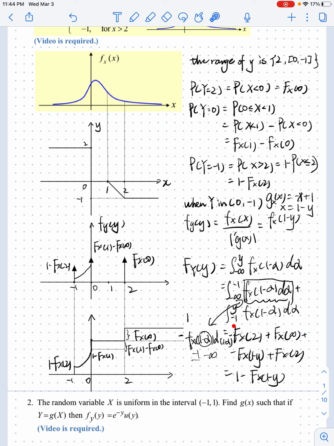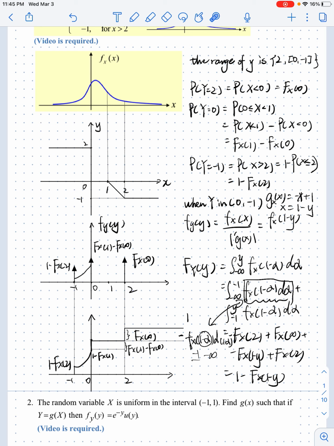And there is a negative sign, and negative and negative would be positive. It would be the same for this term, so it would be Fx(1 minus y) minus the negative Fx(2).